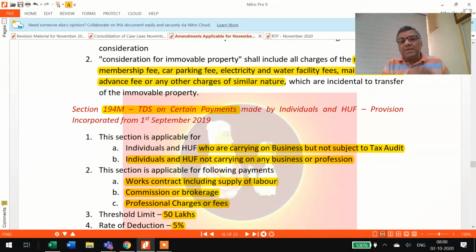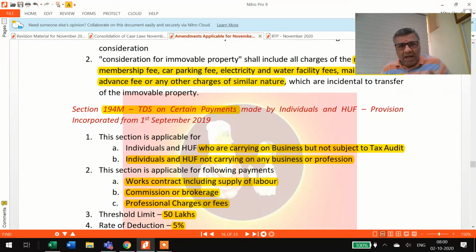Till 1st September 2019, there was no provision requiring me to deduct tax. But from now on, if the value of the contract exceeds 50 lakhs, I need to deduct. I am not a businessman and I am not constructing my office, I am constructing a residential property, and I am liable to deduct 5% tax.